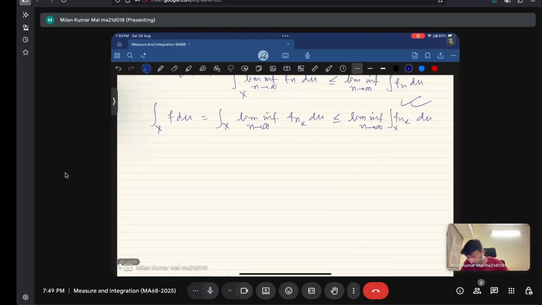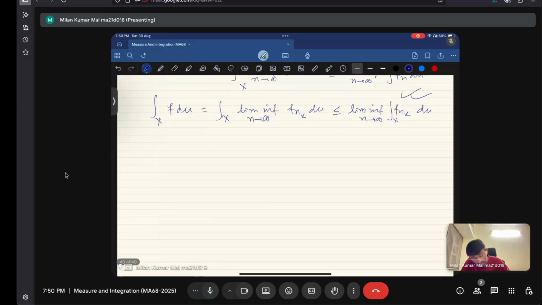So this is always less than or equal to the limit supremum.